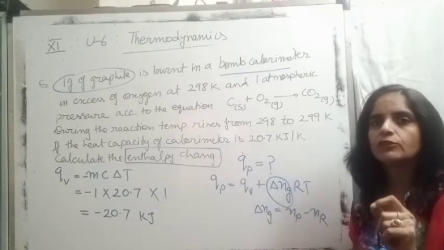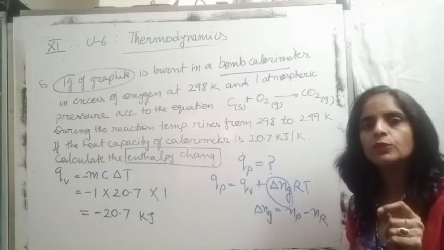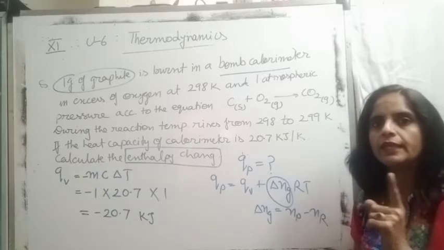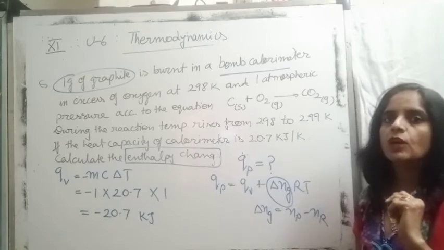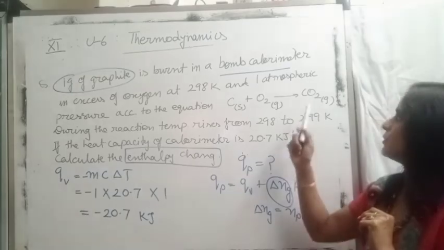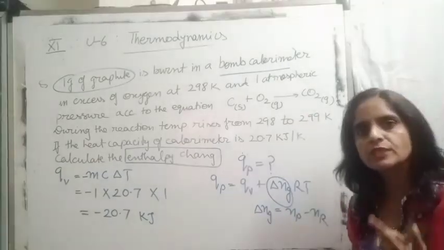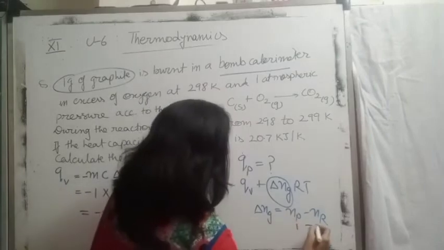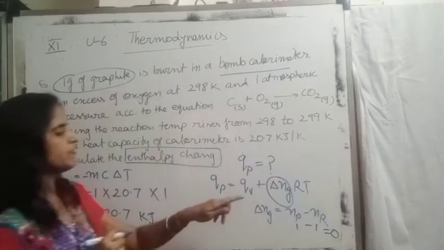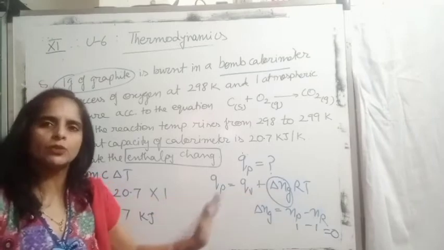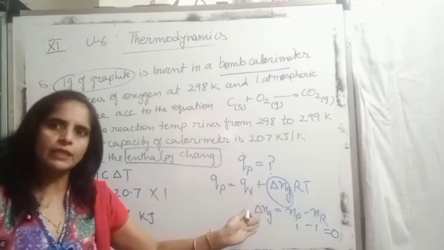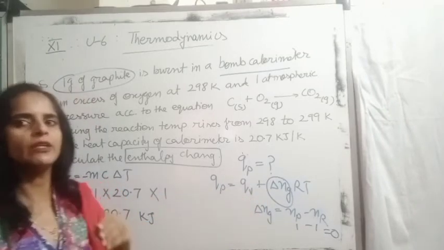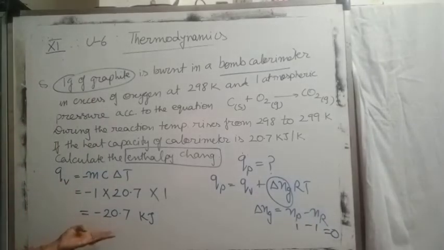Means change of number of mole we only consider for gaseous state, not for solid and liquid state. So how many gaseous moles in the product? Only 1. How many gaseous moles in the reactant? Again only 1. So the value of delta Ng 1 minus 1, that is 0. So when we substitute delta Ng 0 means QP comes equal to QV. So the same value, the value of QP, enthalpy change, is also minus 20.7 kilojoule.